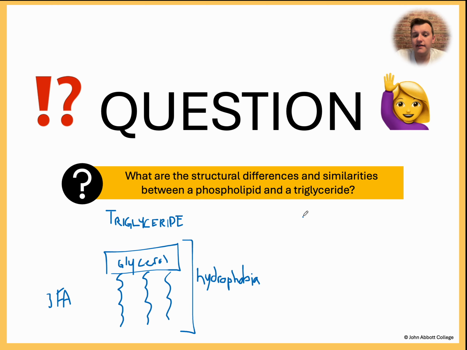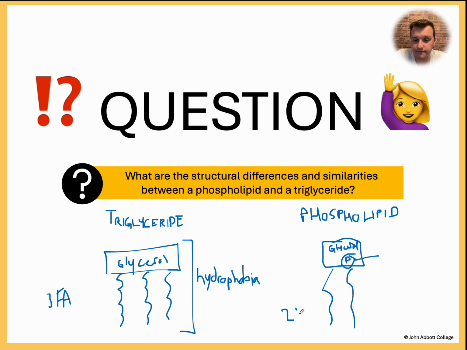Then the phospholipid, these will have part of a glycerol also, right? What's different is they have a little phosphate group, right? So this is different. And they only have 2 fatty acid tails, right?